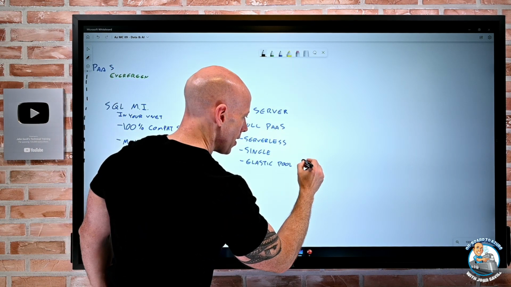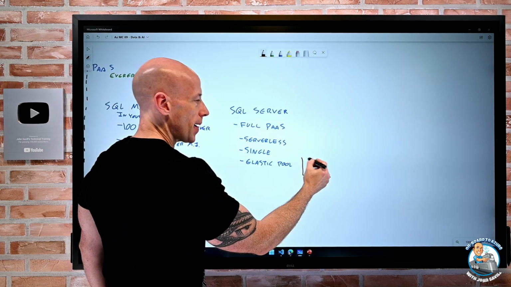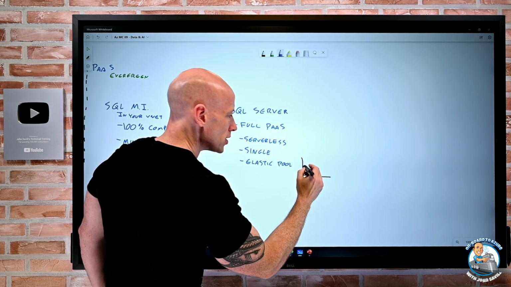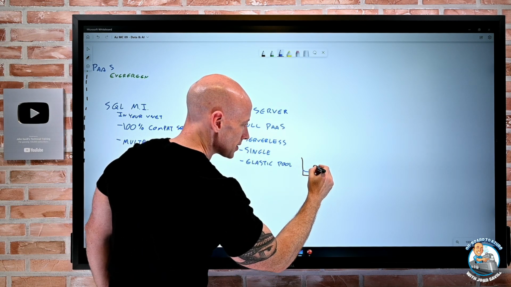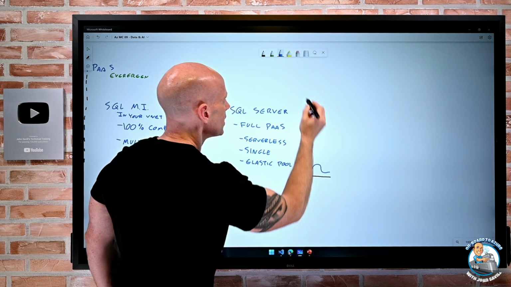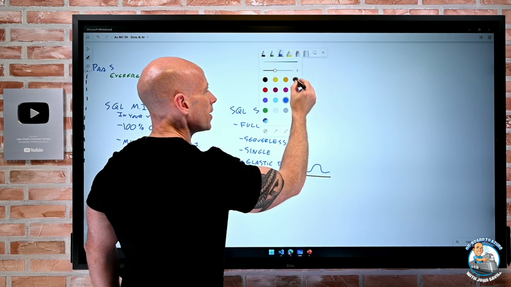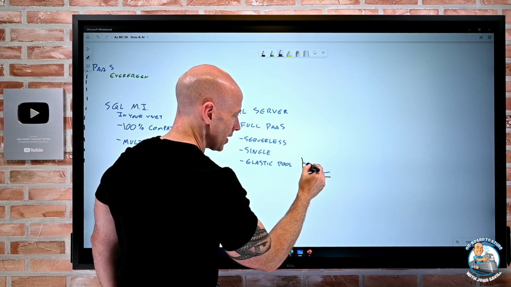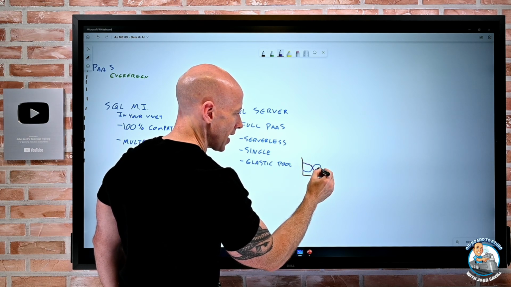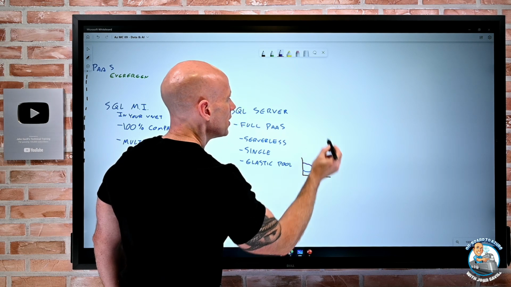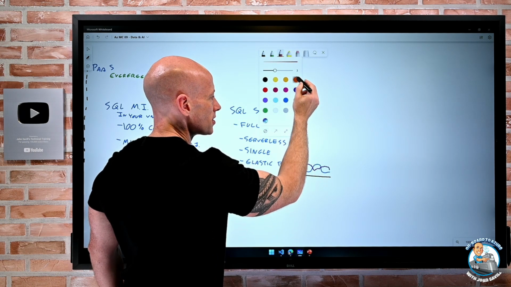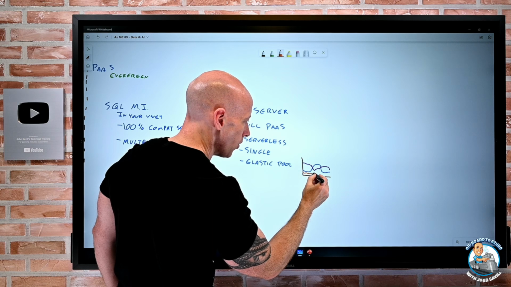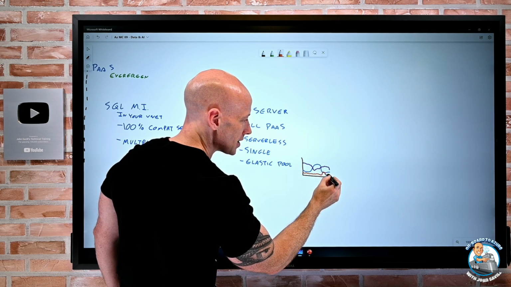If I thought about this as my set of capacity, and let's say blue is one database and that's its resource need, but then maybe I have another database and its resource need is busier here, and then it gets quieter there. There's some overlap. And then maybe there's another database on that same set of hardware, and it's generally fairly low, but maybe occasionally peaks.